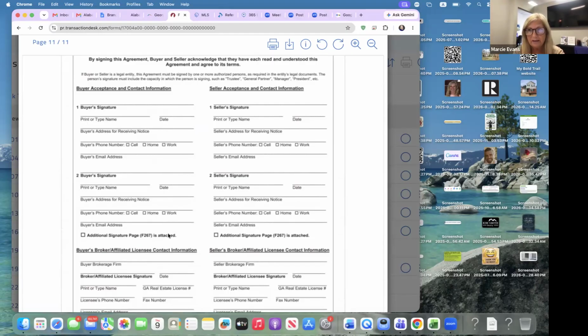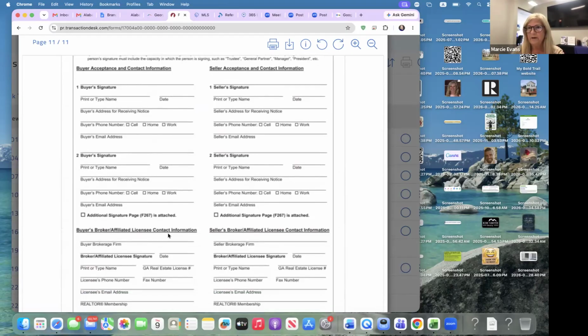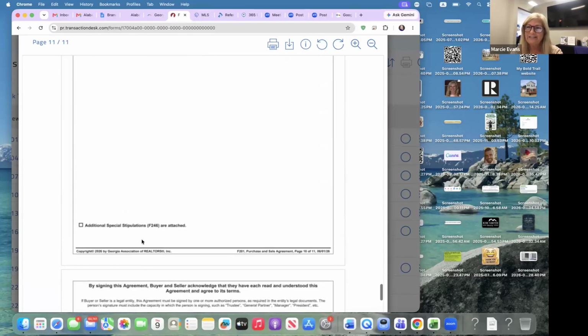They may not even be paying you on the seller side, but if you are a buyer's agent and you go after a for sale by owner, both sides down here have to be filled out with your information: the buyer's affiliated licensee, contact information, buyer brokerage firm, licensee signature. All of this needs to be filled out and signed on both sides by you, if you have a customer and you have a client. That's just a little bonus for you.